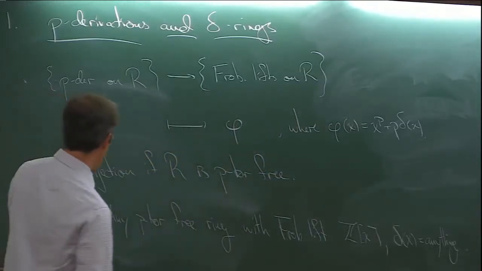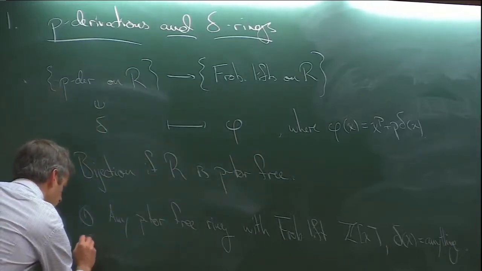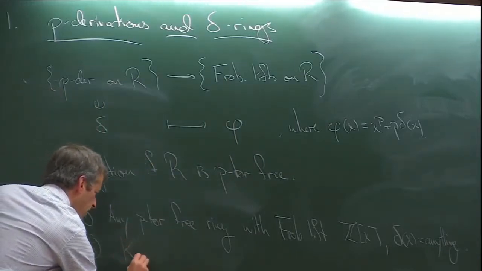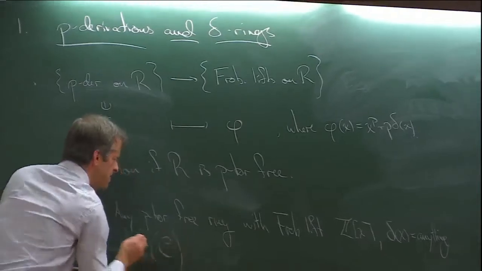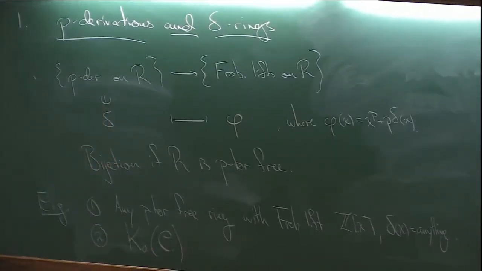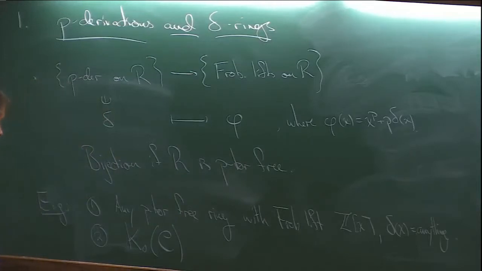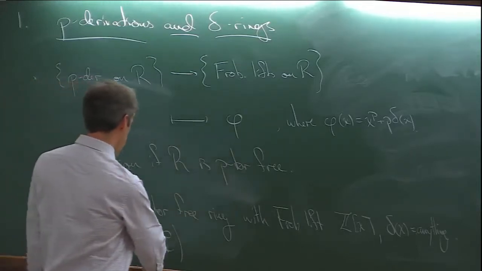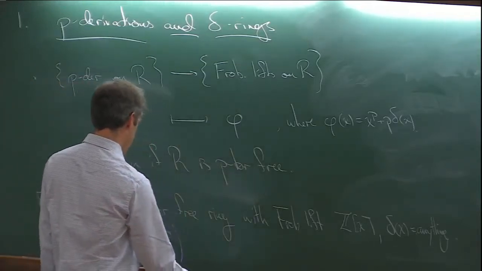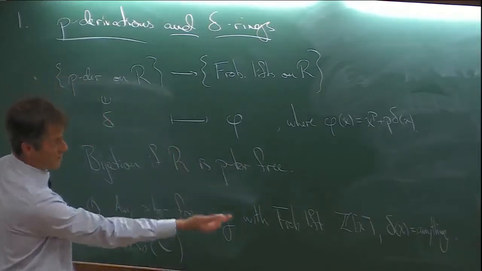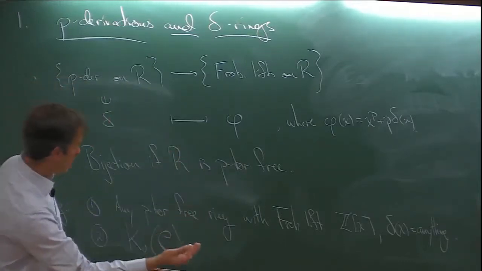So also algebraic K-theory: if you take K0 of a sufficiently nice category, let me not try to be precise about that, say vector bundles on a manifold or locally free sheaves of finite rank on a scheme, coherent sheaves of finite rank on a scheme, then not only does it have a Frobenius lift, the Adams operation, it actually has a delta structure.